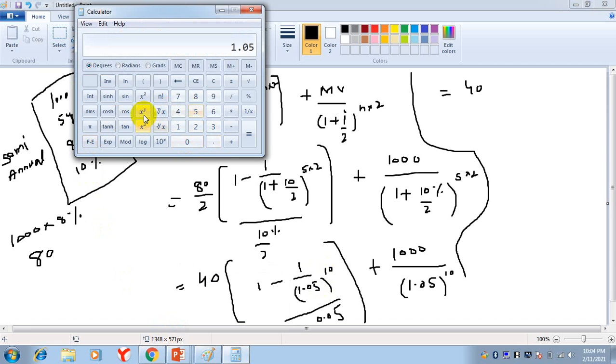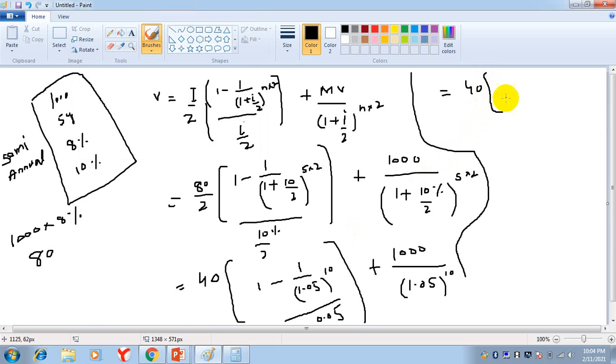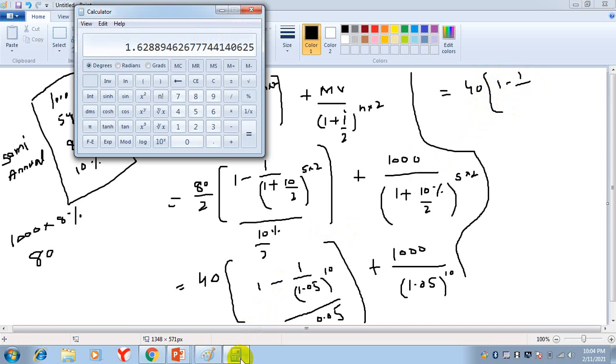So 1.05 raised to the power 10, we are getting 1.6288. So 40 into 1 minus 1 divided by 1.6288.